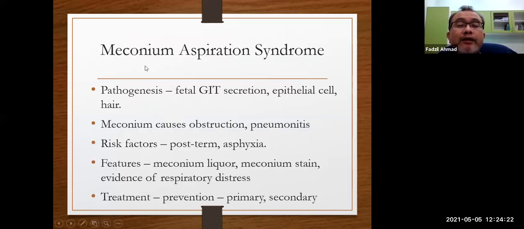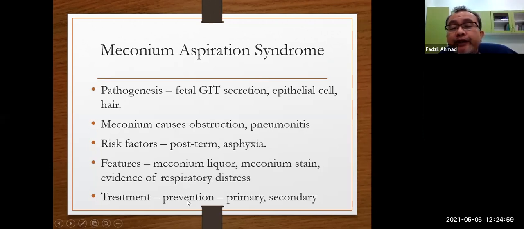Okay, the other very important one is meconium aspiration syndrome. You've heard of meconium? Meconium is fetal GIT secretion, consisting of epithelial cells, hair, and secretions. Meconium causes obstruction and pneumonitis. The risk factors are mainly post-term baby or asphyxiated baby. The feature is the cord stained with meconium, and there is evidence of respiratory distress.